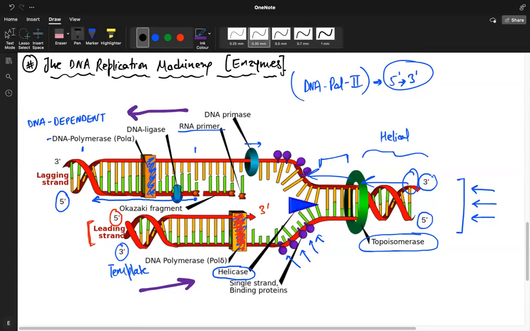So the template strand, which is 3' to 5', becomes the leading strand, and there is a continuous DNA formed on it. Whereas the other template strand, which is 5' to 3', on that there is a lagging strand formed in fragments, and that fragment is called Okazaki fragment. Okazaki discovered that mechanism. Okay, everything is clear? What is Okazaki fragments?